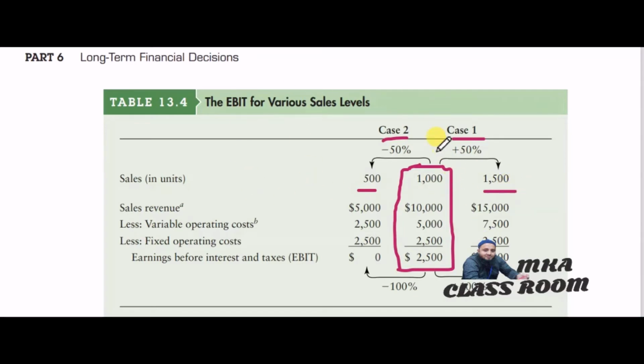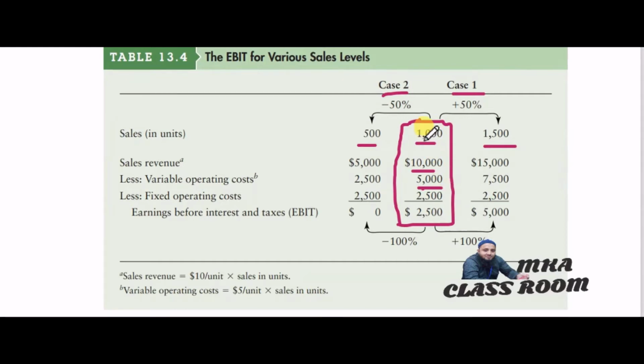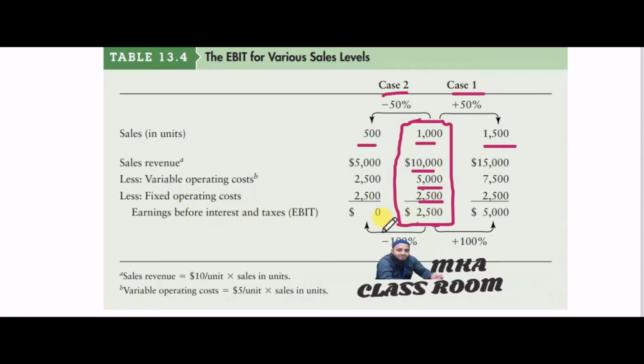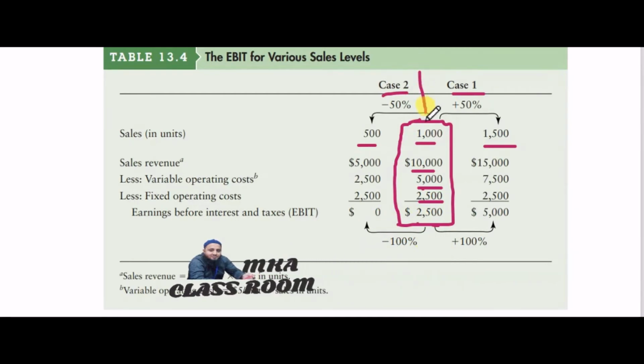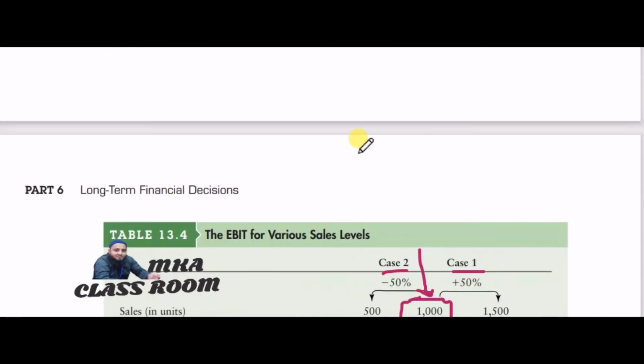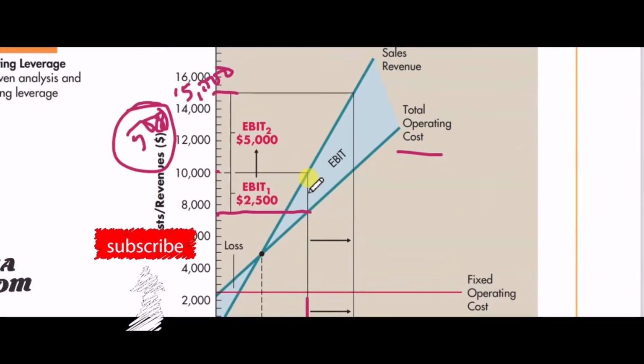In this case, 1000 is our base sales. Then sales revenue 10,000, variable cost 5 taka per unit, then 5000, 1000 units into 5, fixed operating cost 2500, then our EBIT is 2500. So this is our base case.